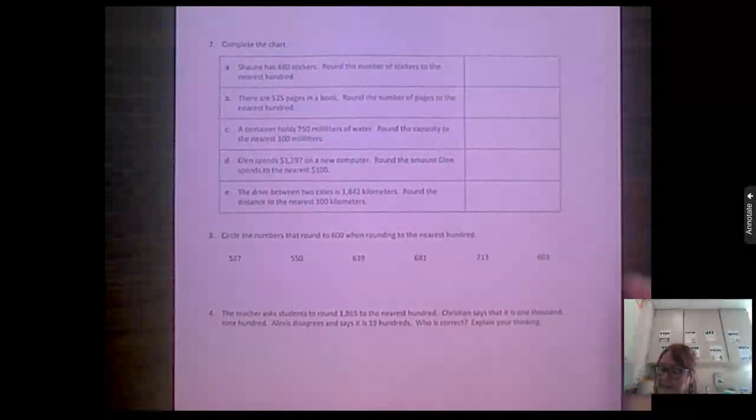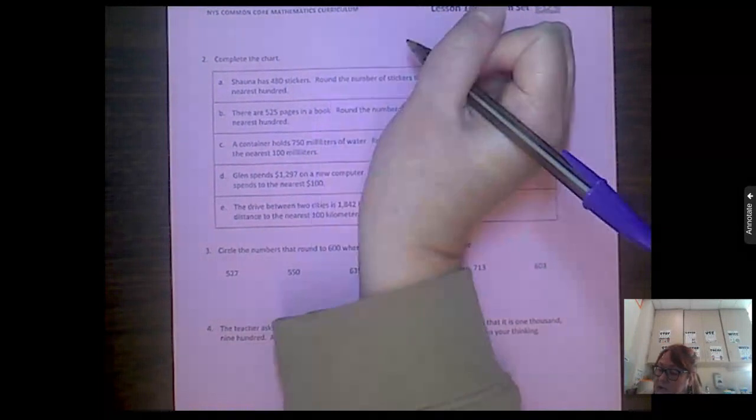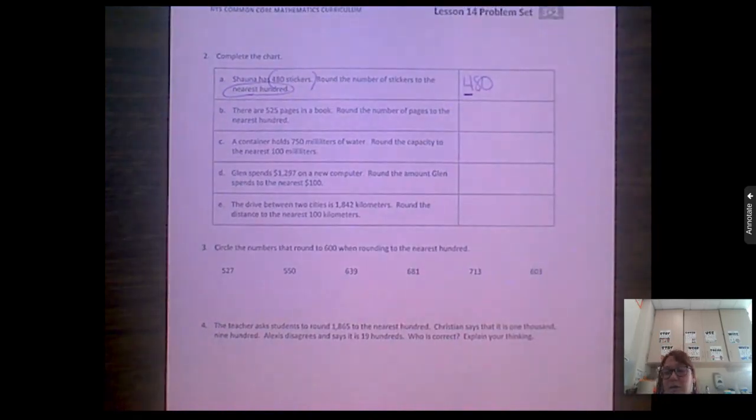Okay, so on the back, it says to complete the chart. A says Shauna has 480 stickers. Round the number of stickers to the nearest 100. So we have 480. We want to round it to the nearest 100. Which number is in the hundreds place? The 4. So we're going to practice saying our little poem together, okay? So the number 4 is in the hundreds, so I'm going to look right after it for my helper number, which is the 8.